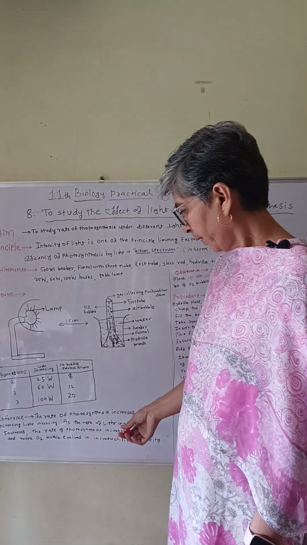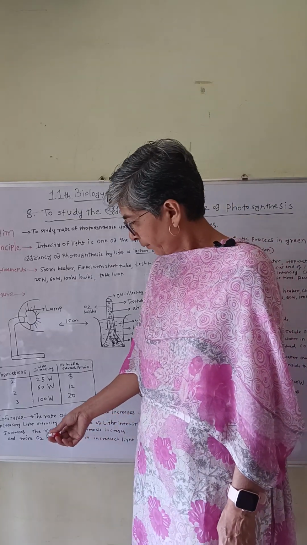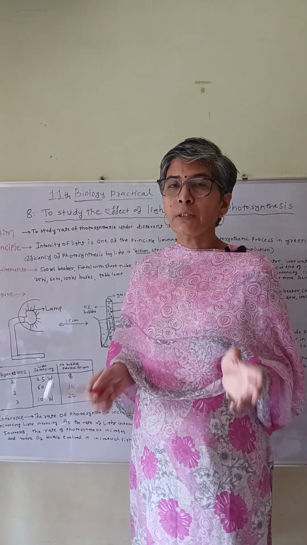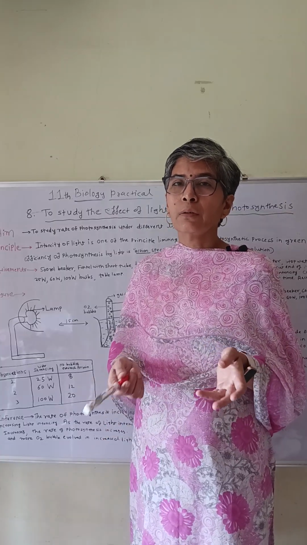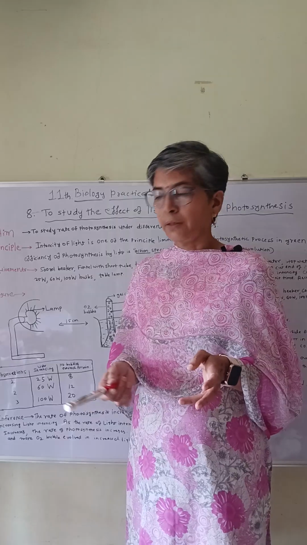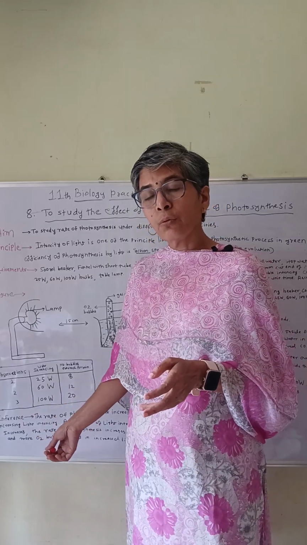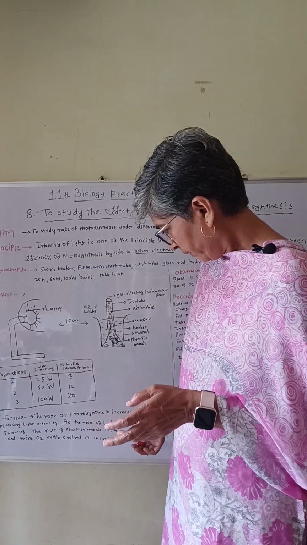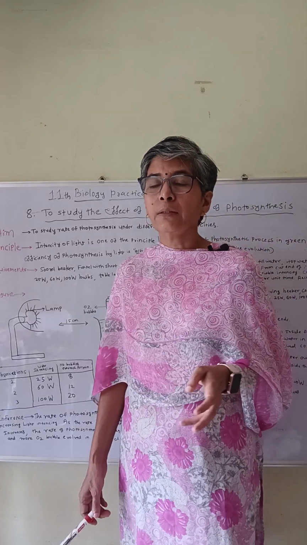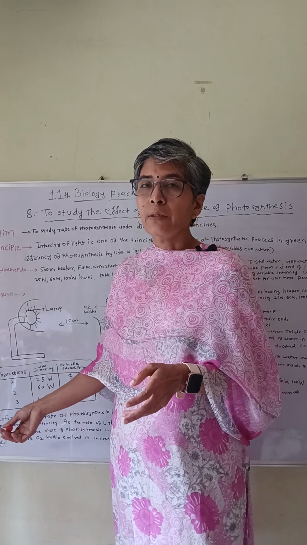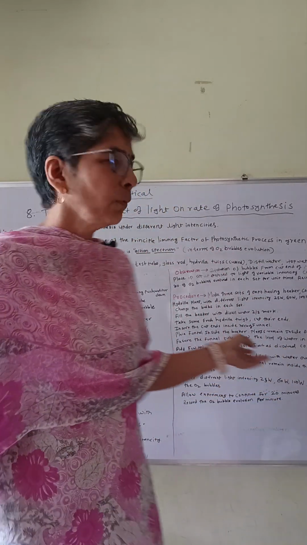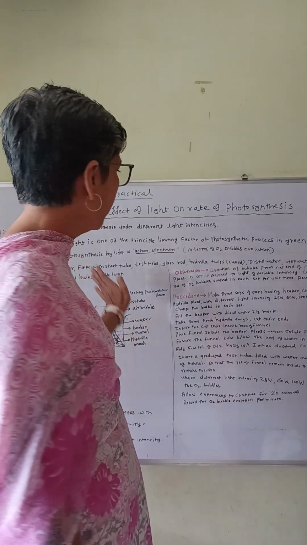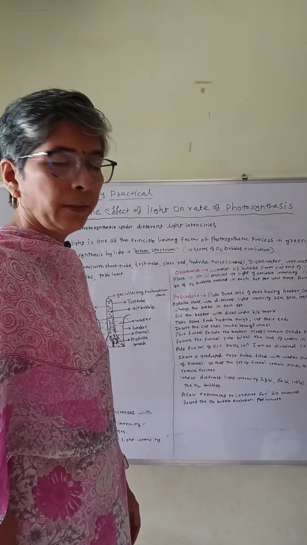They depend upon one another, so the O2 evolution depends on that. Students, you have to write all this: inference, observation, procedure, diagram and aim of the experiment.